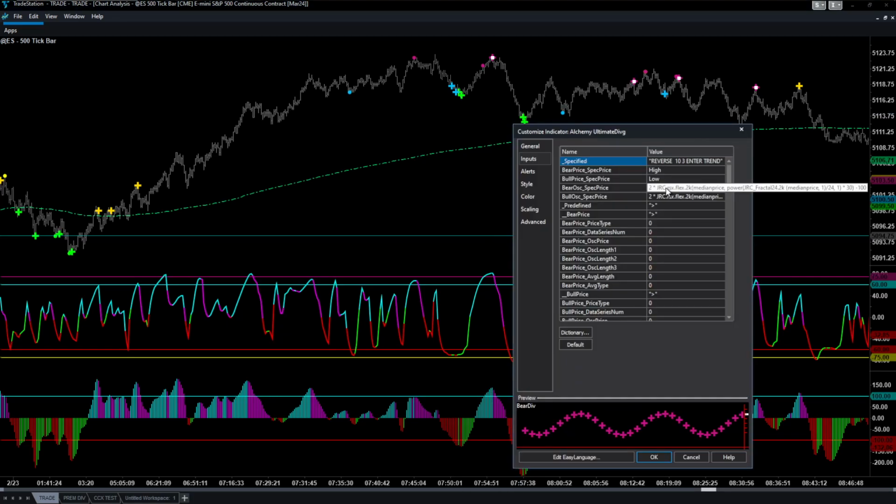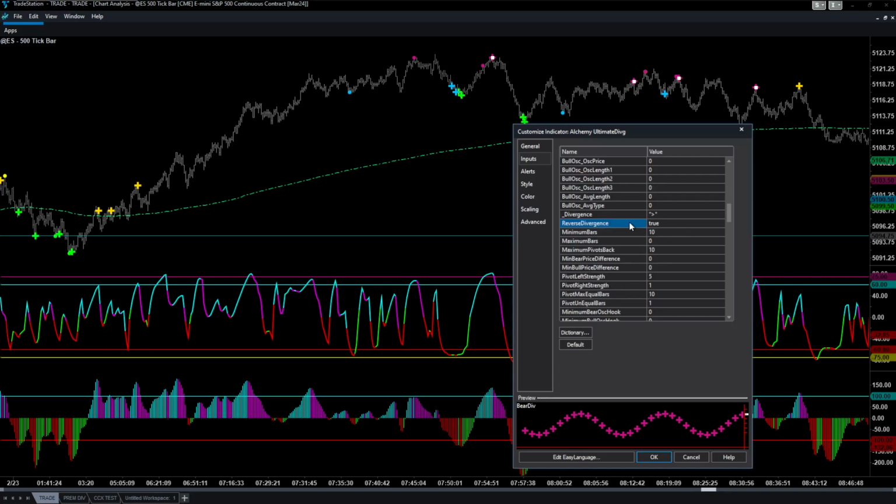This setting is set to 10 and 3. 10 is the length, 3 is the Dyna setting. And you can see that in these two fields right here, 30 and 1. Same on the bullish side, 30 and 1. Then you have to go down here, and you must set the reverse divergence field to true.